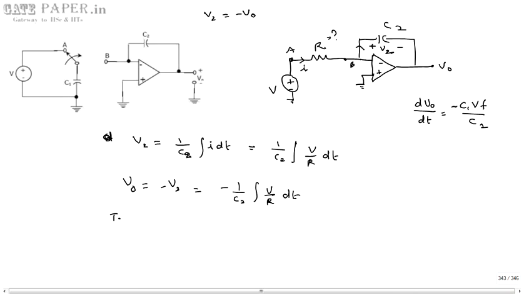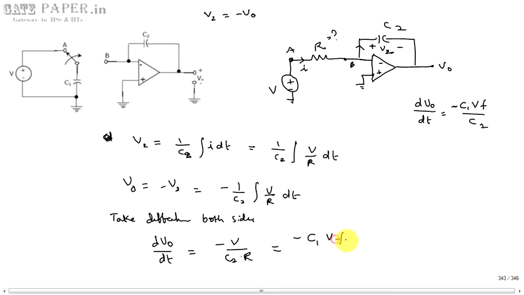Take differentiation on both sides, so the differentiation and integral cancel. You get dV0 by dt is equal to minus V by C2 into R, the average rate of change, but it must be equal to the earlier value. You must get the same value.